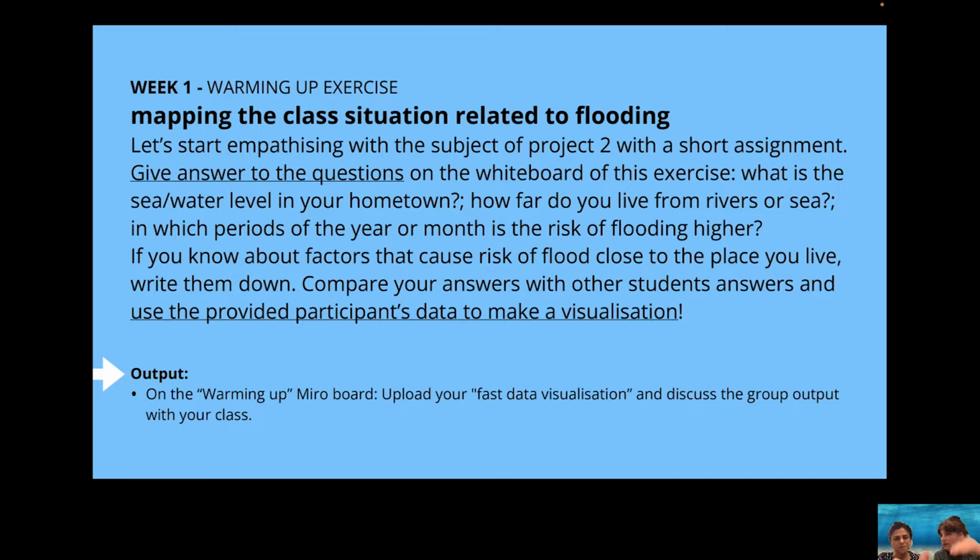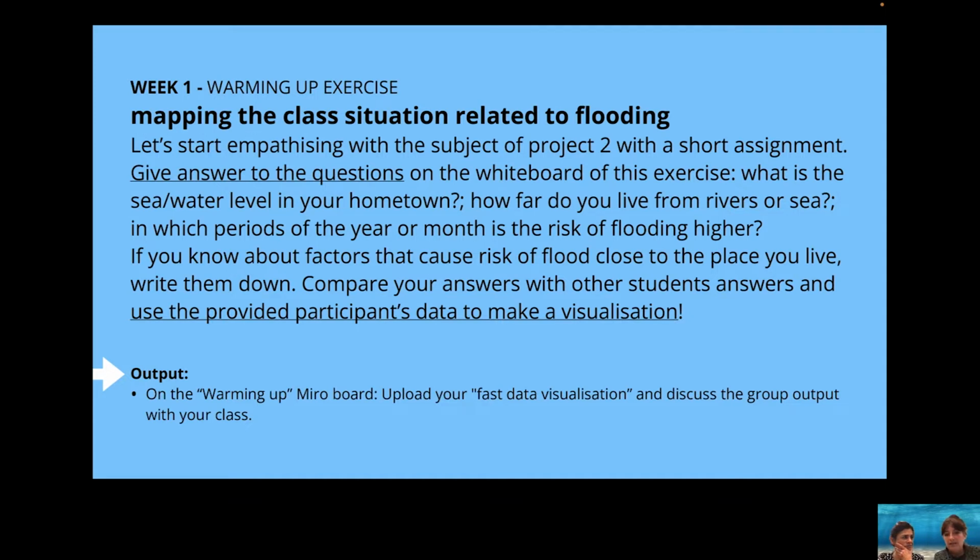What is the level of where you live compared to the sea level? And in which periods of the year or month are risks of flooding higher? Think about all the factors that can cause risks, maybe it's rain in your surroundings, or the place you live, and write them down and compare your answers with other students when you work together.